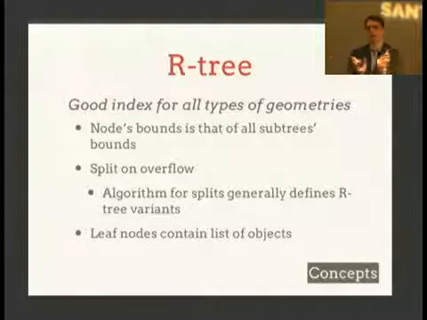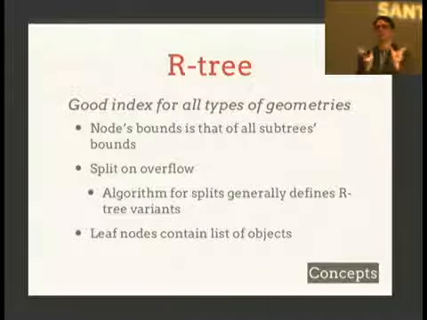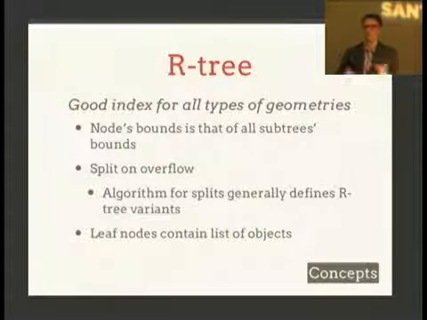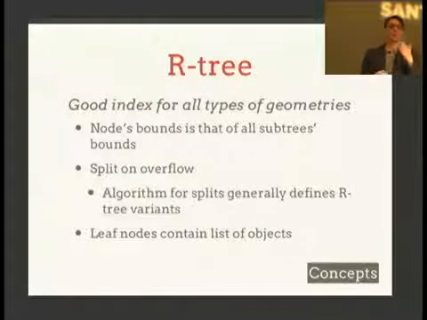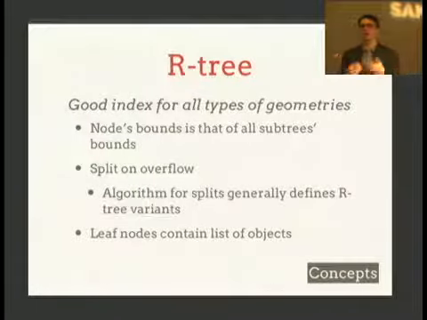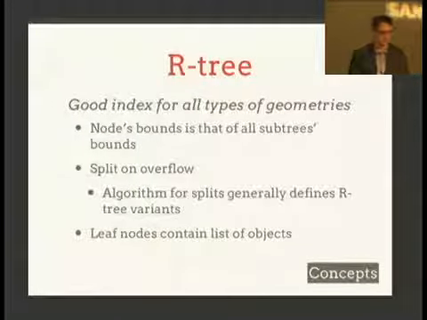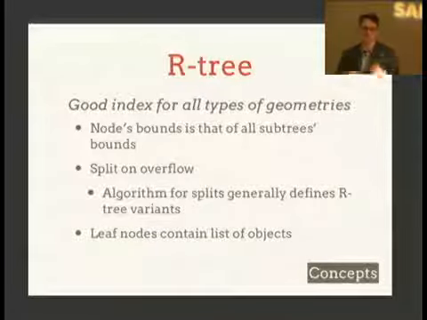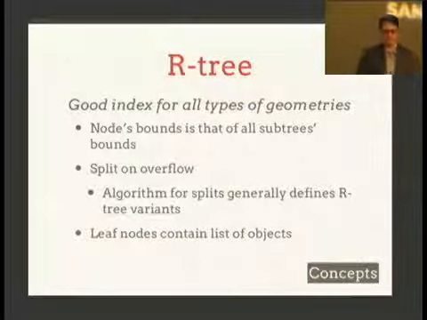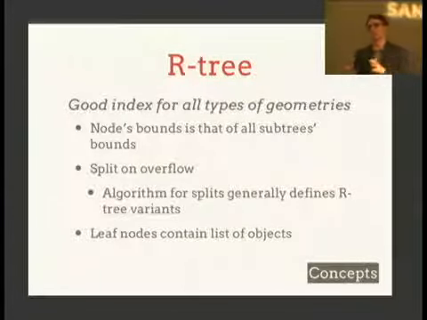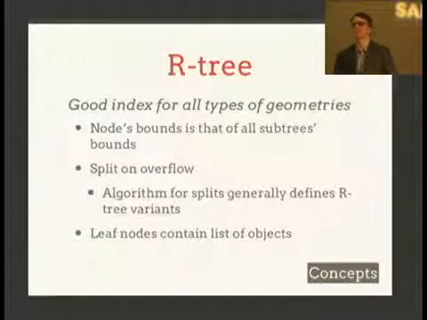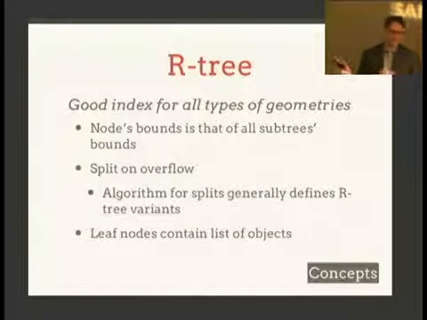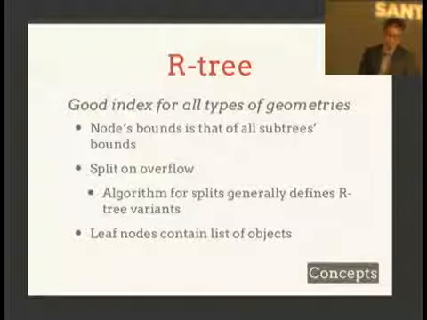And then the split is designed to minimize the overlap between the two new nodes in terms of their bounding box. So this algorithm is actually really hard to do optimally, so there are a lot of heuristics to do it, and the difference in the algorithms for splitting is what generally defines the family of R-tree variants. And so there's R-tree original, there's R-star tree, there's some others, and it's the split algorithm that really differentiates them.